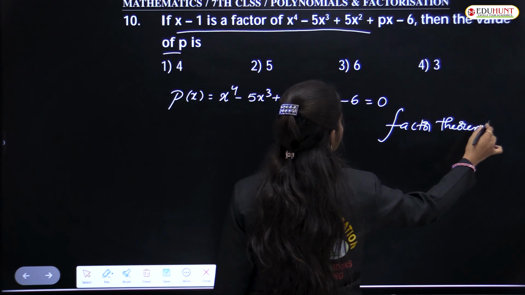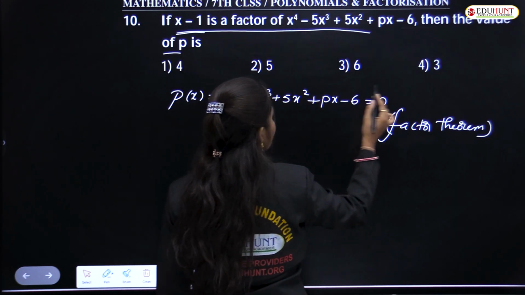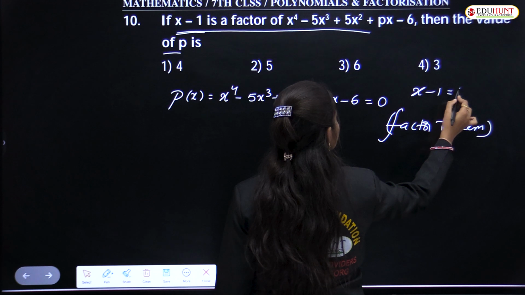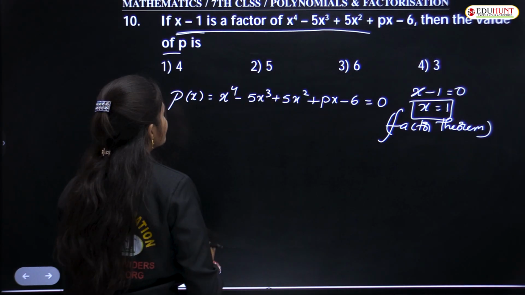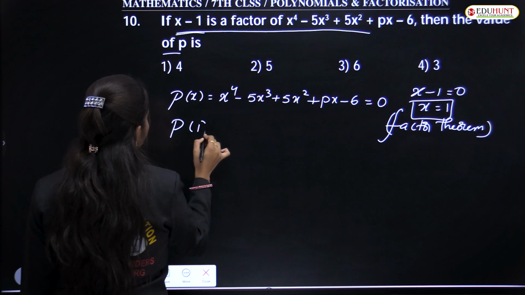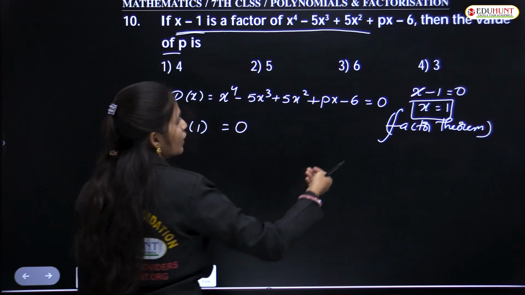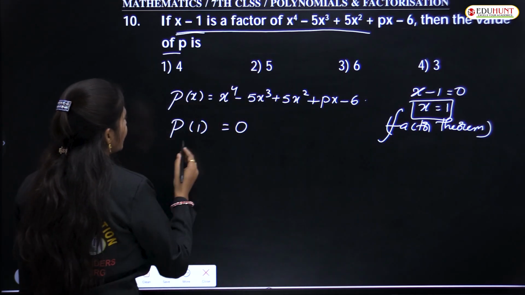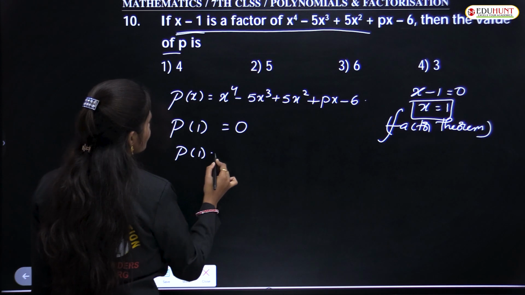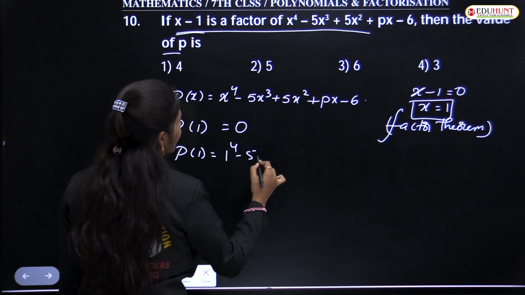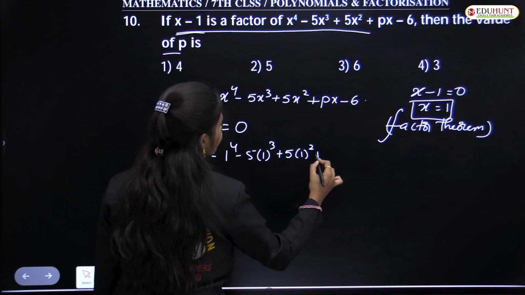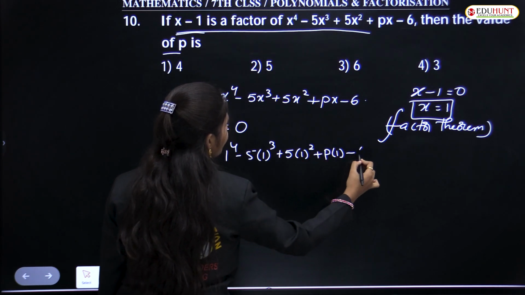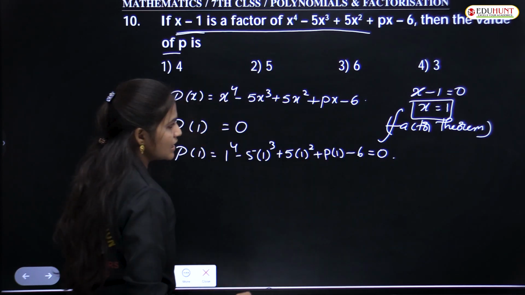Okay, so here what is the factor? That is x minus 1, no? So x minus 1 is equal to 0 where x is equal to 1. So p of 1 is equal to 0. We know this condition. So that's why here p of 1 is equal to 1 power 4 minus 5 into 1 cube plus 5 into 1 square plus p into 1 minus 6, which is equal to 0.